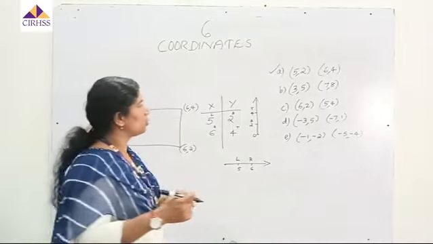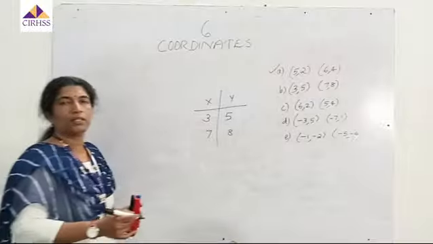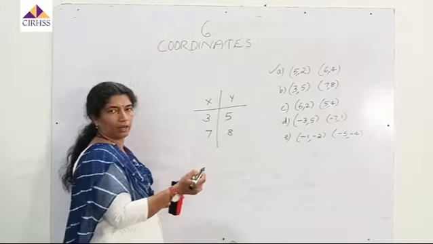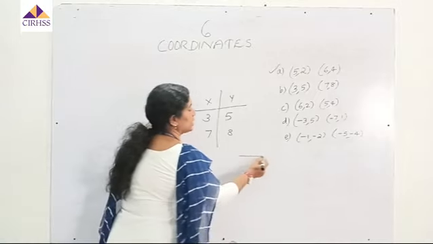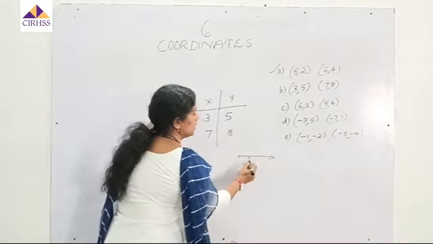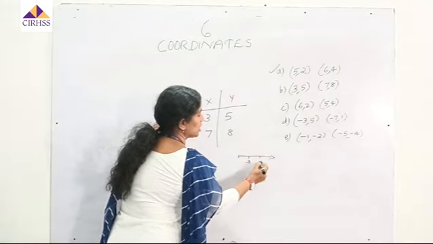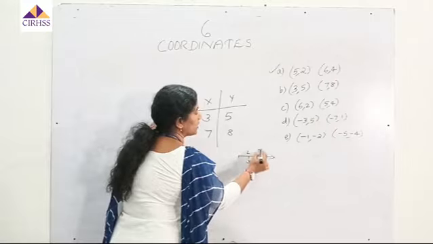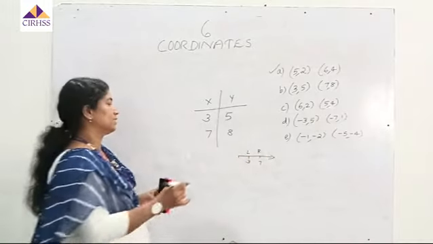Take the second one. Here also 3, 7. X-axis: first 3, next 7. That is 3 in the left place and 7 in the right place.